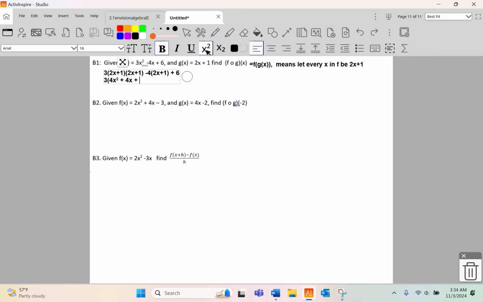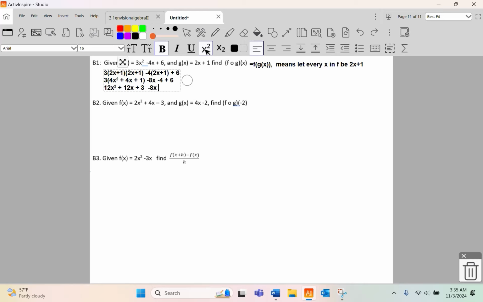Make sure you understand that. And if I do the distributive property here, I'll have take away 8x, take away 4, plus 6. Use the distributive property, there will be a 12x to the second, plus a 12x, plus a 3.